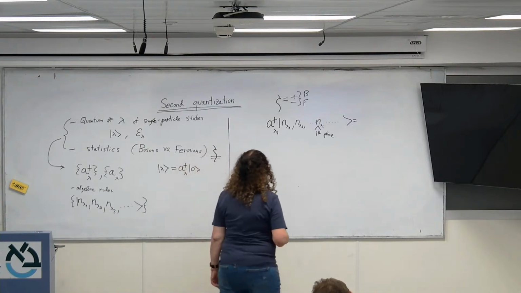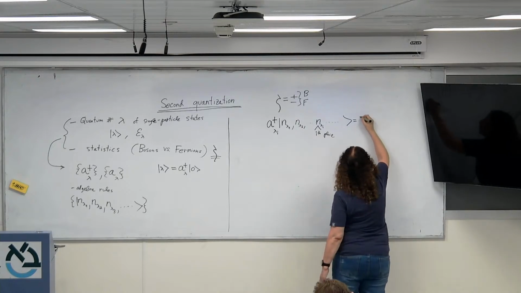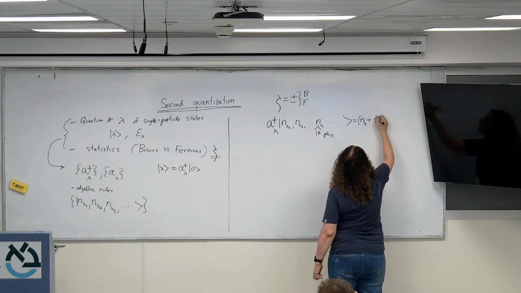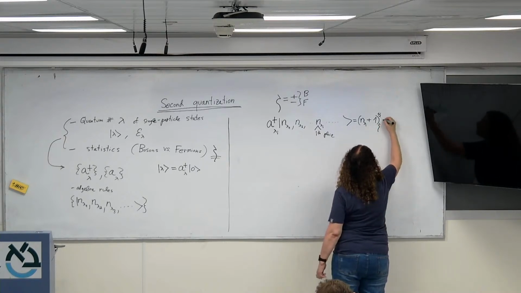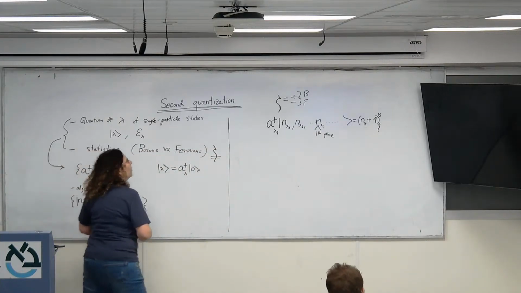So this is the way we're going to define it. It's n_λi, and I will explain what I mean by that. Actually, I'm out of space, so let me write it more nicely.